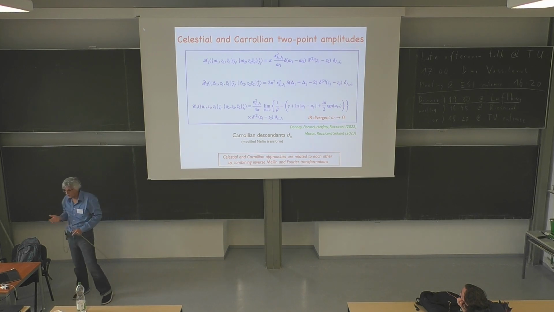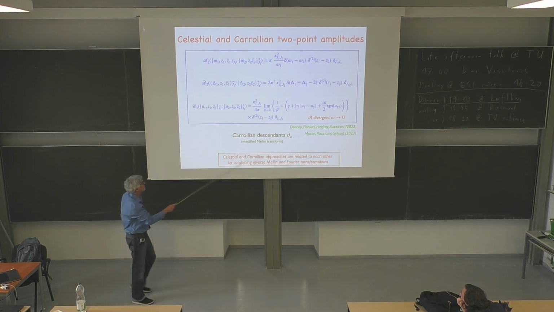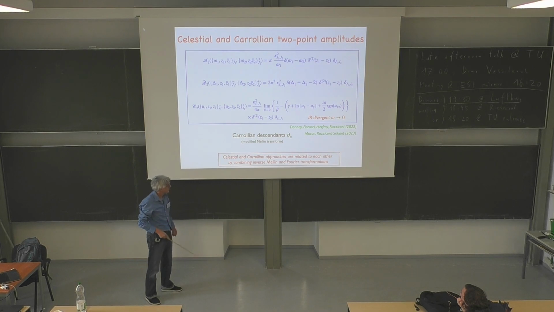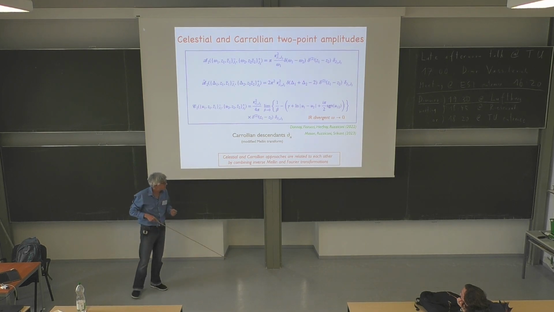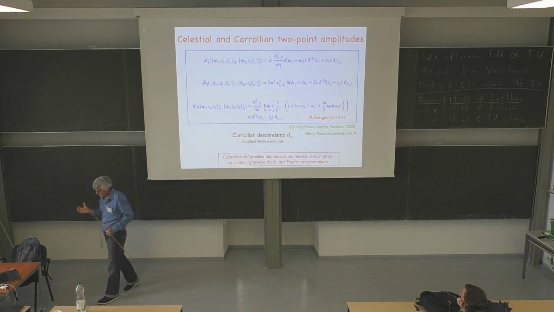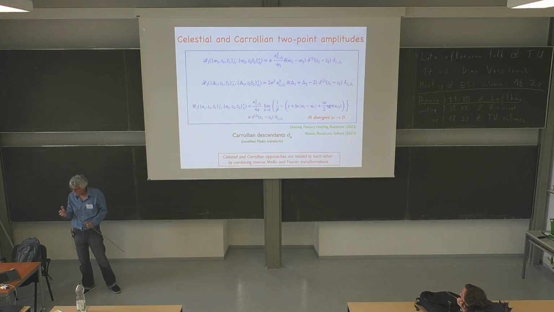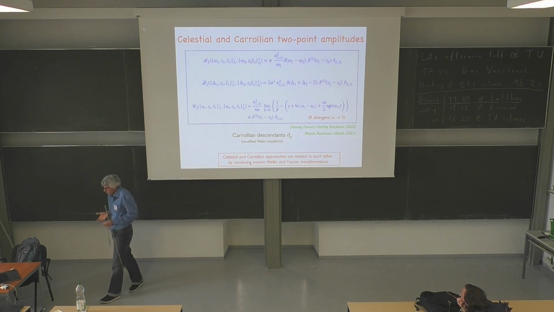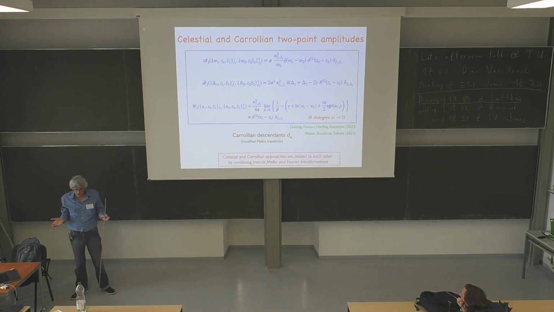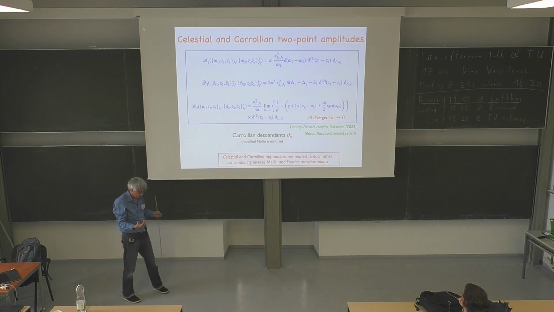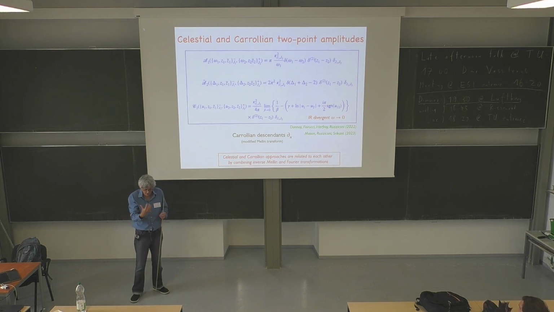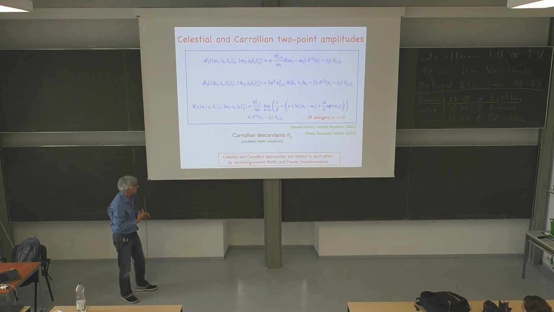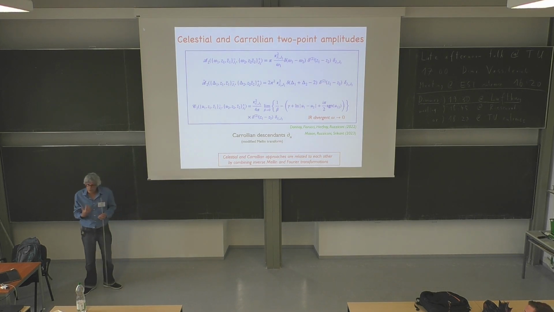That means in particular that you can switch between all these amplitudes; they are related by combining inverse Mellin and Fourier transformations. I stress this because once you go onto the celestial sphere, for example, you will find some non-trivial things going on, and I would like to understand whether these non-trivial things can be taken over to the Carrollian approach or vice versa.